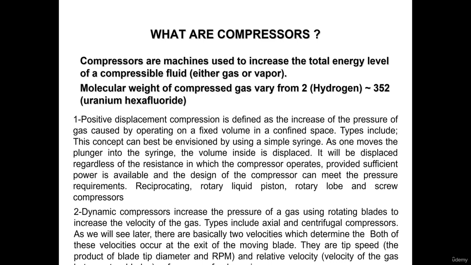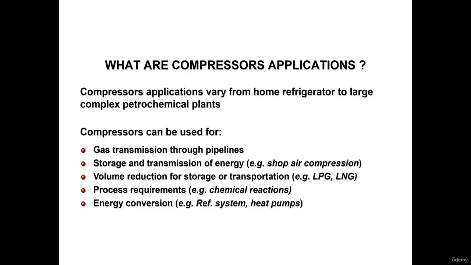The second velocity is the relative velocity. What is the relative velocity? It is the velocity of the gas between the two blades. This shapes the performance of the dynamic compressor and shapes the curve.